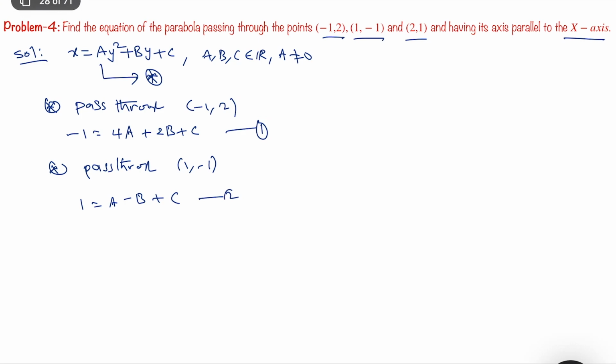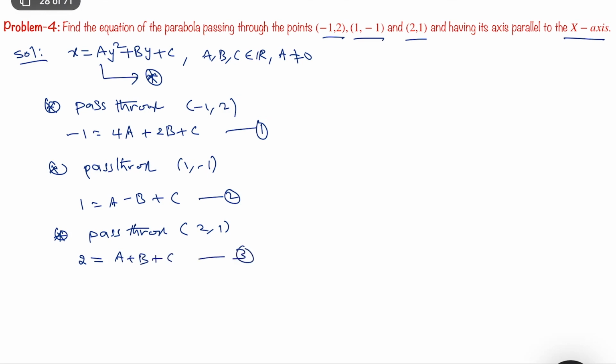Let me call it 2. Now, this parabola should also pass through the third point, that is 2 comma 1. So when I substitute this point in the equation, it must satisfy. So we should have 2 equal to a plus b plus c. Let me call it 3.